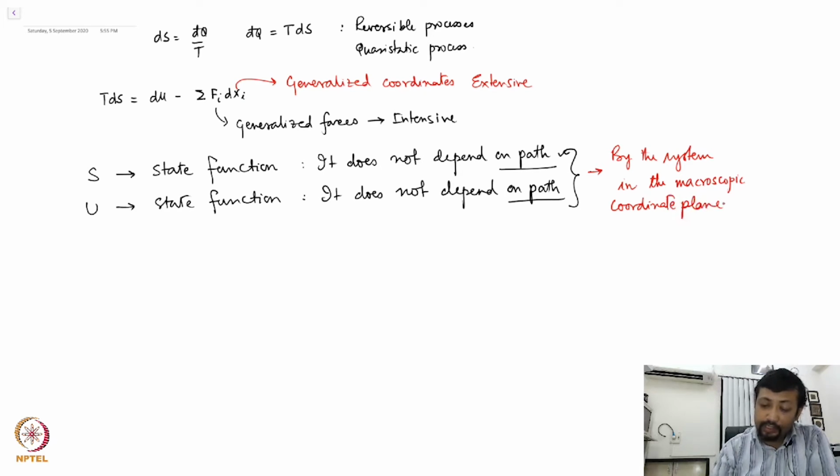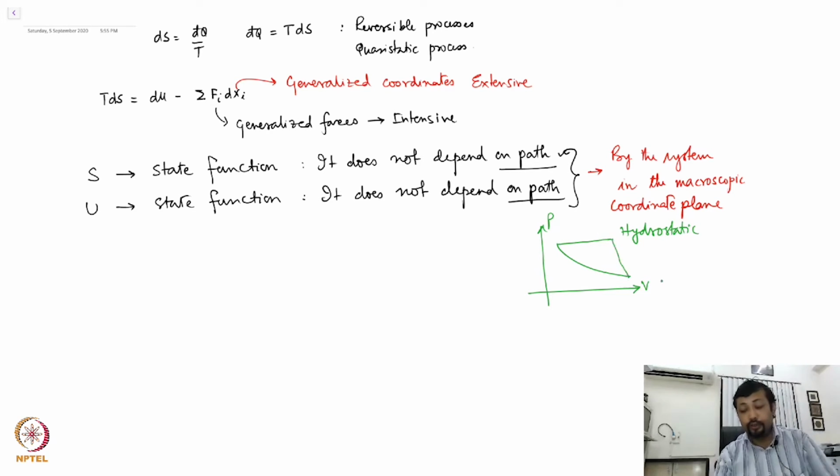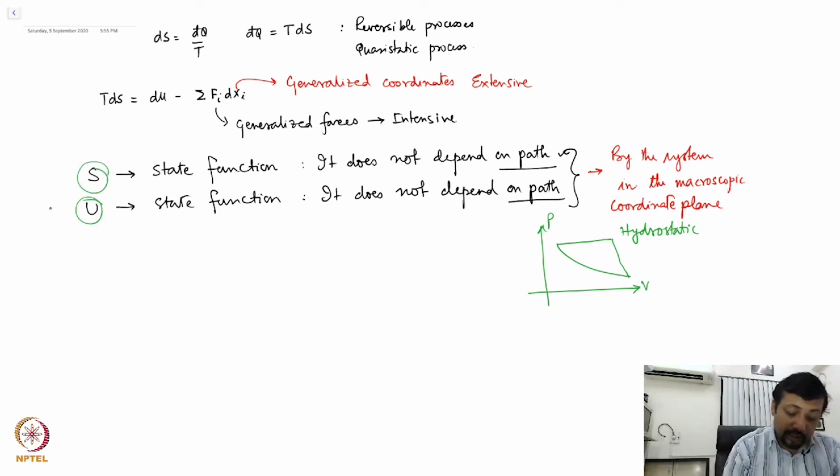And we have seen such examples where if we have a pressure-volume diagram for a hydrostatic system, this can be a path, this can be a path, this can be a path, and so on and so forth. So all of this refers to the path that we are talking about, and both S and internal energy do not depend on the path. If it's a reversible process, it only depends on the endpoints, right?